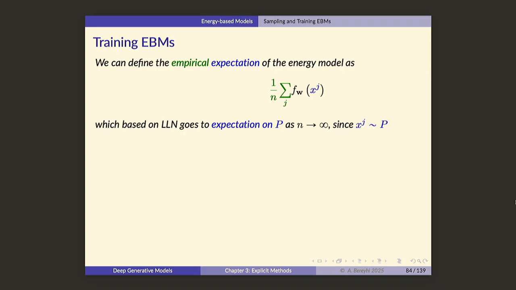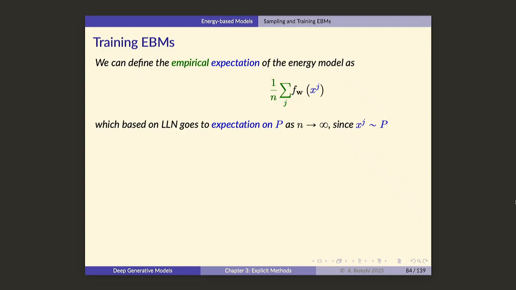Add them up, divide by their number. We talked about how this is one estimator of the expectation, meaning that when n is very large, this expression is going to approach the expectation of the function f. This is the law of large numbers.